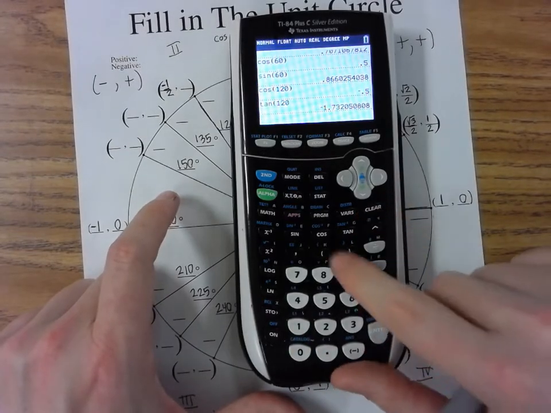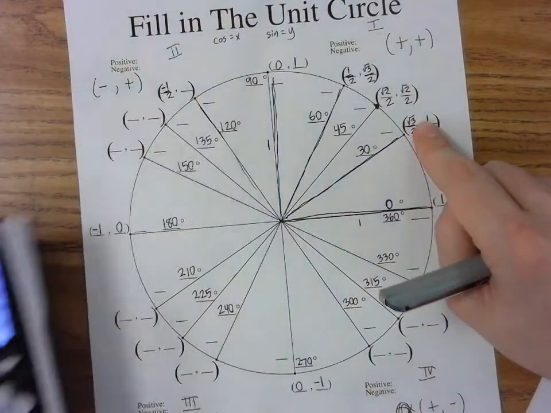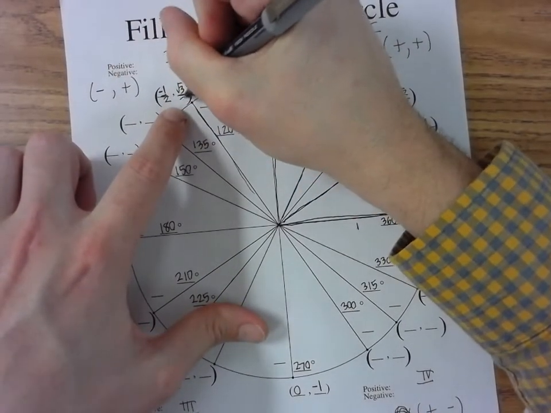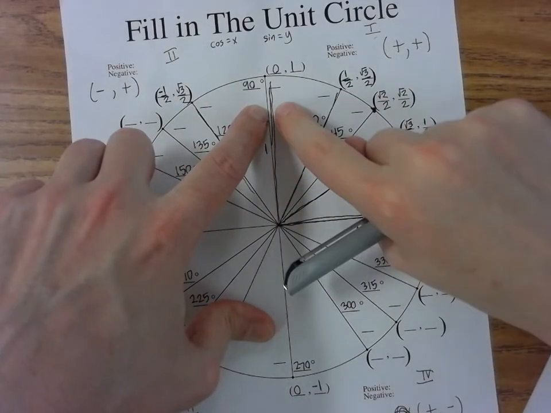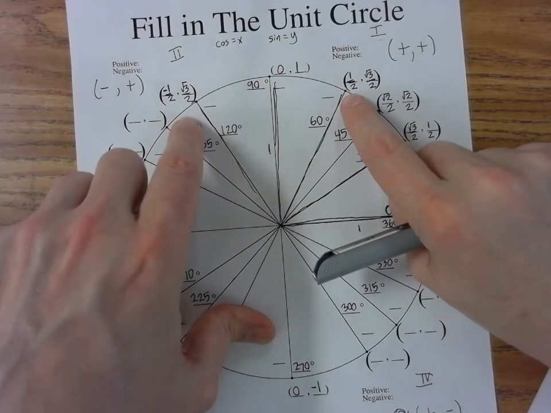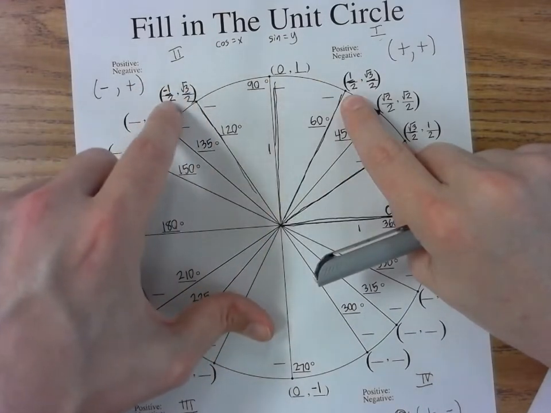That's going to be positive 0.866, which is the square root of 3 over 2. Well, this point right here is at the same height above the x-axis, so it's going to have the same y value. But because it's on the other side of the y-axis, the x value is going to be reflected. It's going to be opposite.